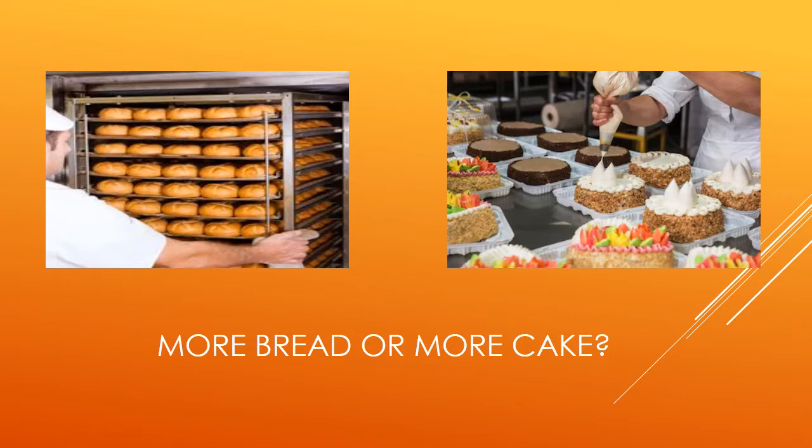If the factory wants to produce more bread, then the factory will obviously have to produce less cakes because the resources they are working with remain the same. Alternatively, if the factory wants to produce more cakes, then the factory has fewer resources left for the production of bread. So the producer will produce less bread.